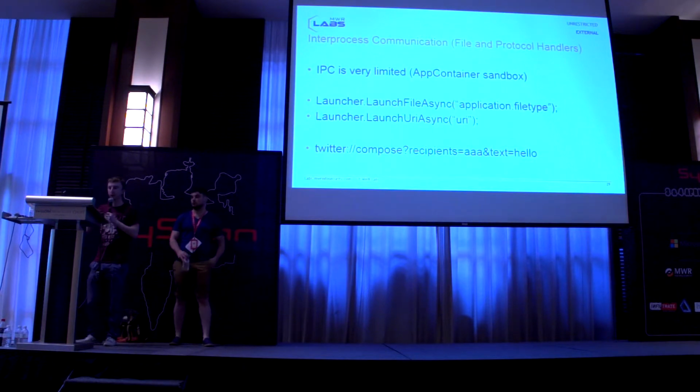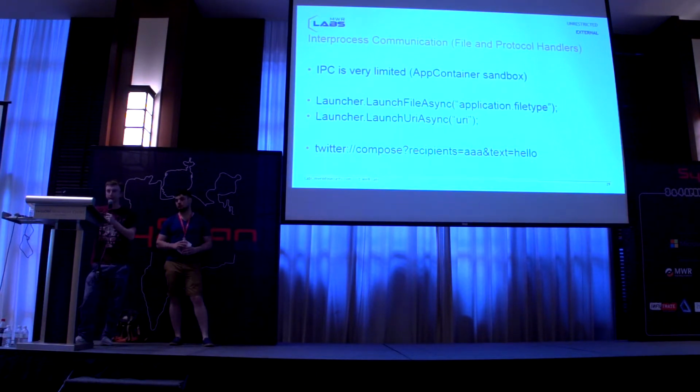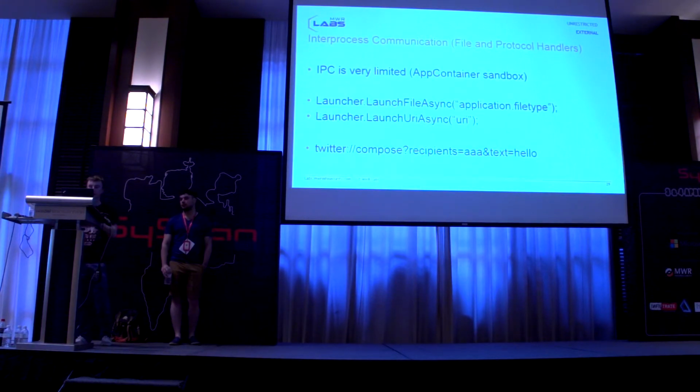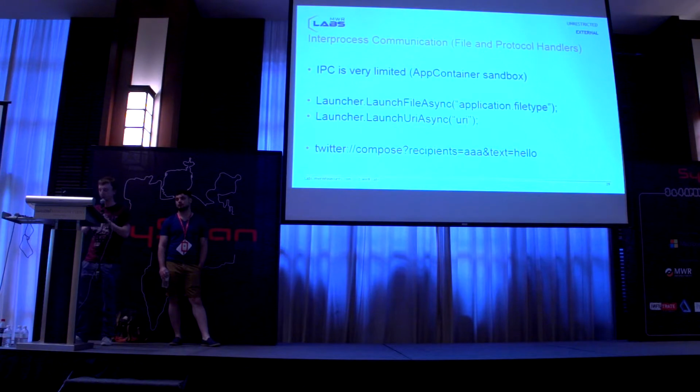On Windows Phone 8, it shares similarities to iOS, where you've got file and protocol handlers to actually implement IPC. So, for example, you can implement a protocol handler for Twitter, like the URI below.